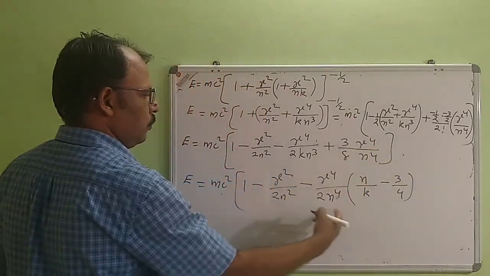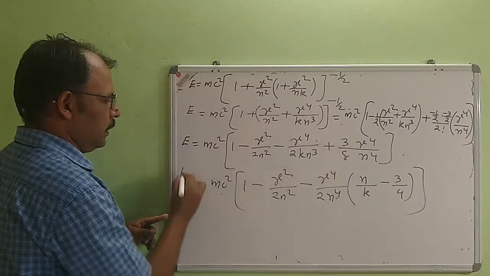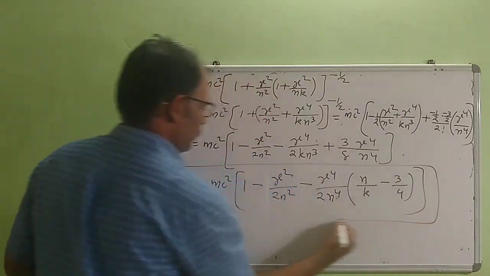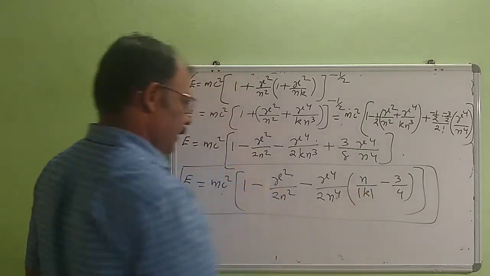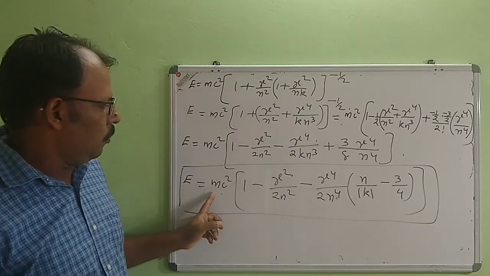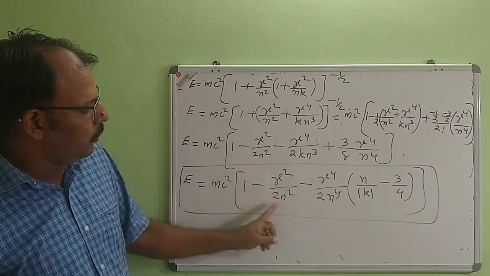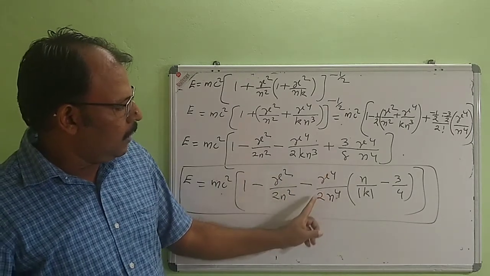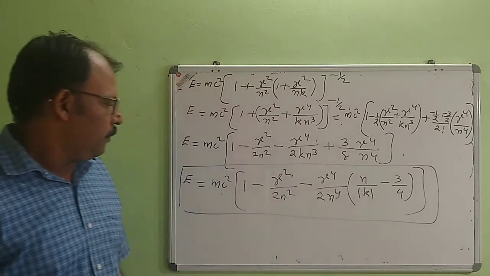Gamma raised to 4 by 2 n raised to 4 is taken common. So this is the expression for energy. This k actually it is mod k. So we are taking mod k. E equal to mc square 1 minus gamma square by 2n square minus gamma raised to 4 by 2 n raised to 4 into n by k minus 3 by 4.